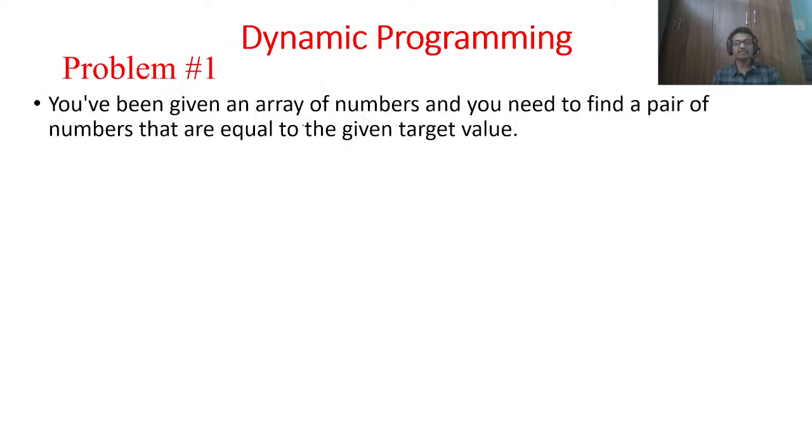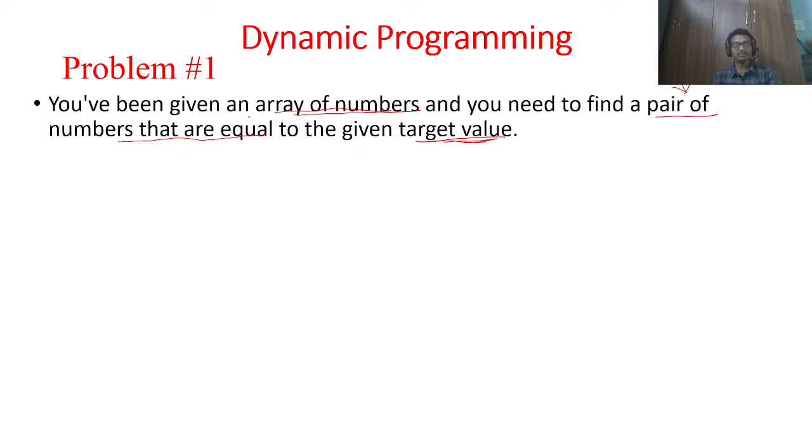You have been given an array of numbers, and you need to find a pair of numbers that are equal to the given target value. So you need to calculate a pair of numbers whose value is equal to the given target value. You are given a target value, and you are also given an array of numbers. Then you need to find this pair of numbers.